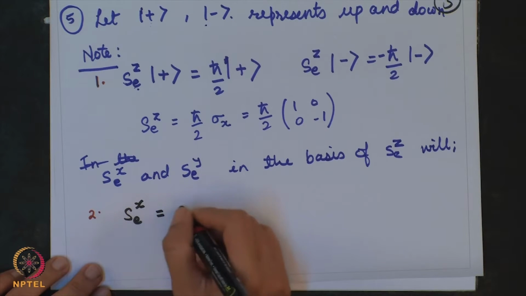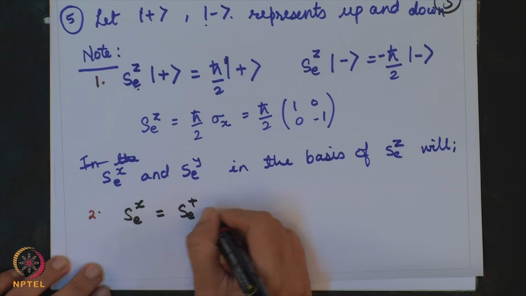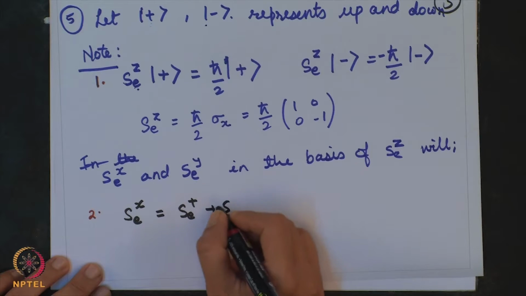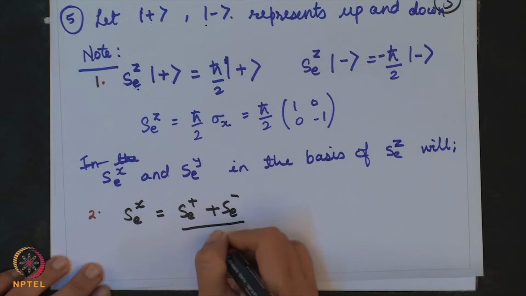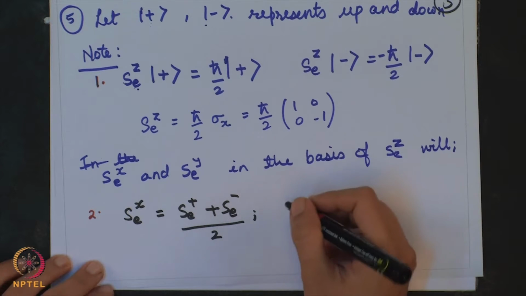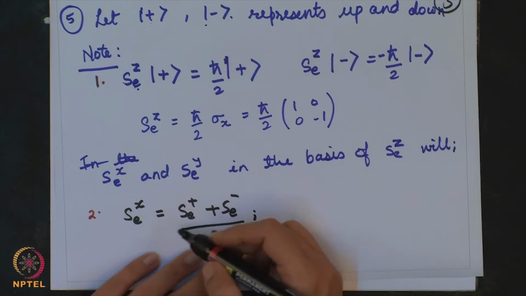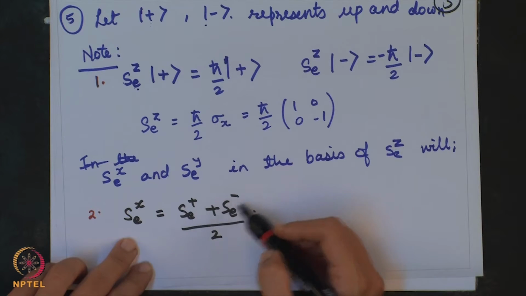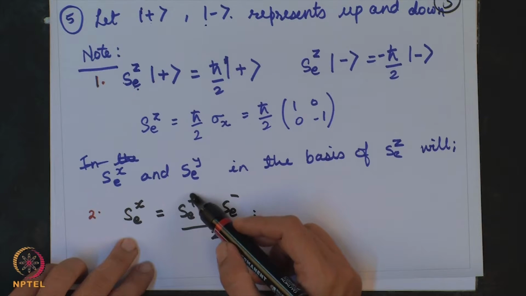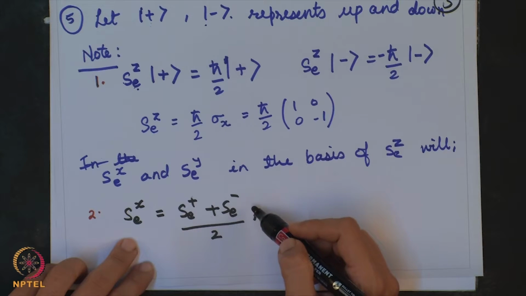Sex can be written as Se plus. Again you can see that I have come back to the ladder operator notation, which is the most convenient way to work with. So, Sex can be written in terms of the ladder operators plus and minus.